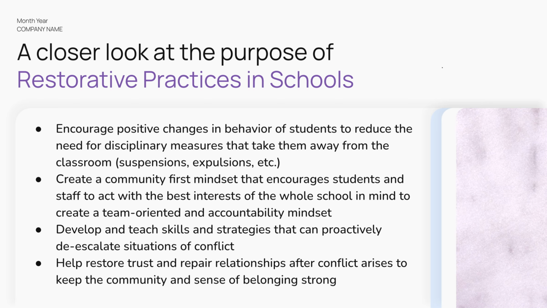And since we know it is inevitable that conflict, difficult situations and problems will arise, we need to be able to help restore trust and repair those relationships that may have been damaged, and keep that community and that sense of belonging strong, so that even after we hit bumps in the road, we keep that bond and that intrinsic and extrinsic motivation to do better and make changes to avoid the conflict next time and continue strengthening the community around us.